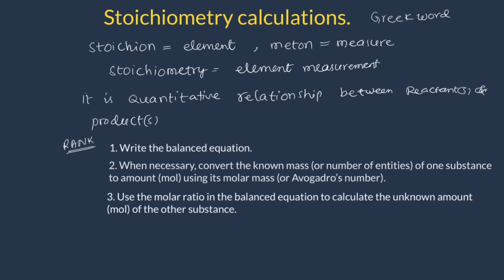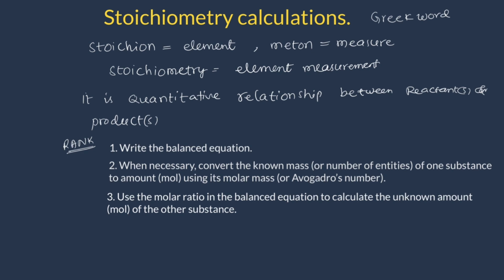The third point is to use the molar ratio in the balanced equation to calculate the unknown amount, meaning the moles of the other substance. If reactant information is given, we calculate the product. In the balanced equation we use the stoichiometric coefficients to convert into the unknown amount of the other substance.